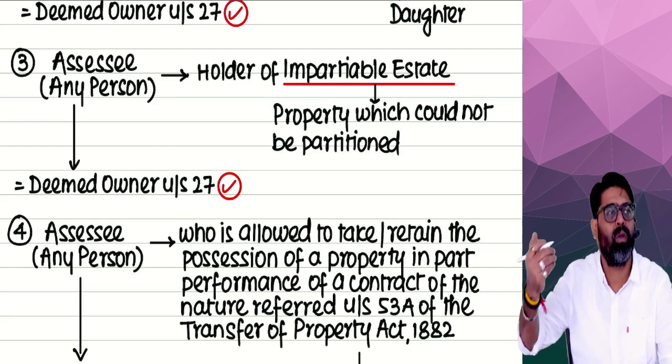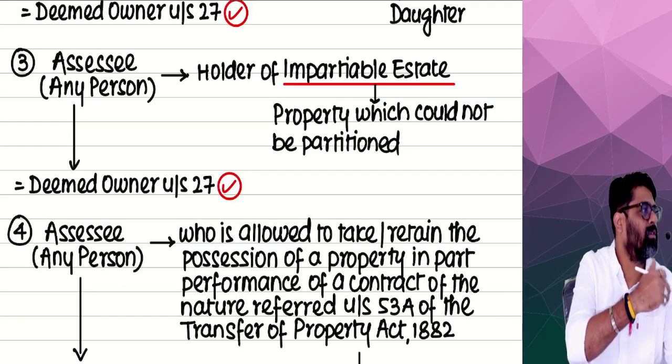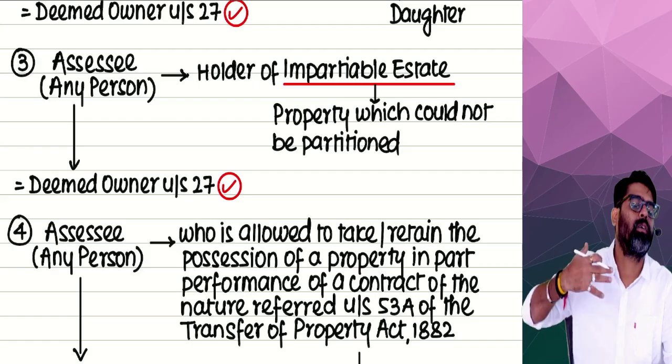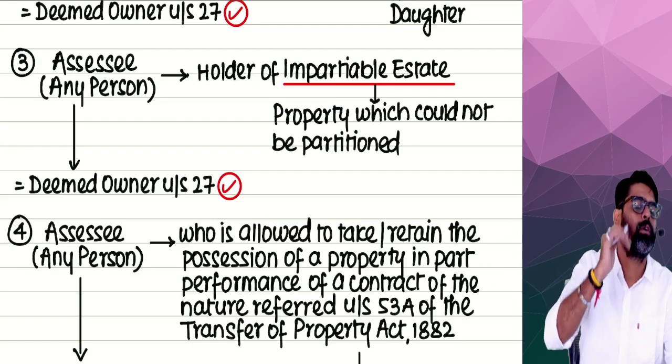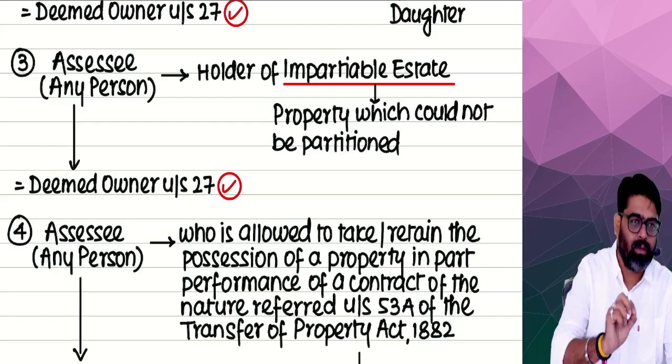This property will belong to my eldest son, this property will belong to my second son, these assets will belong to my third son. After I die, give these assets to A. After I die, give these assets to B. After I die, give these assets to C. Likewise, a will was made.